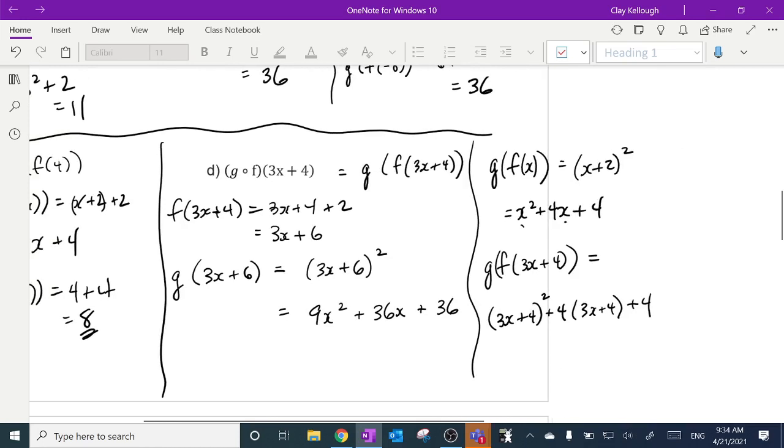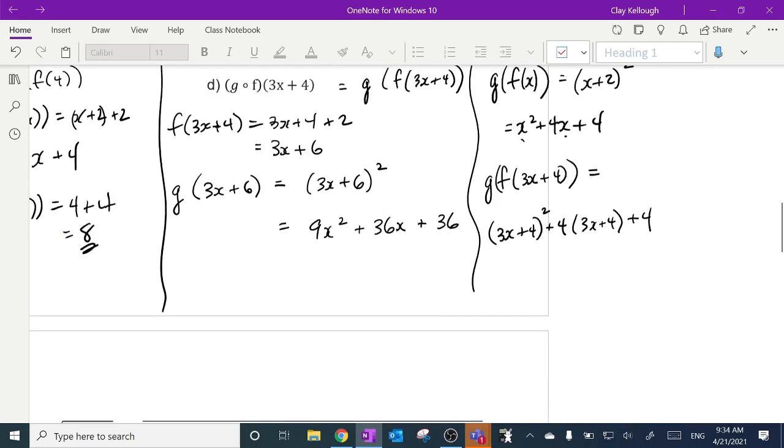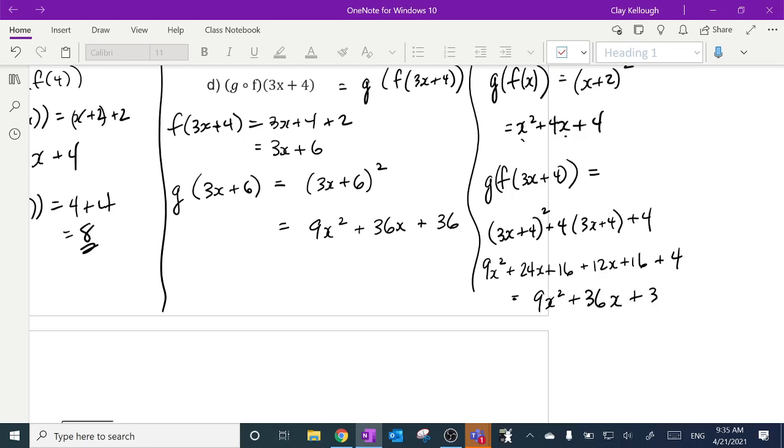Expanding and collecting like terms, that's going to be 9x squared plus 24x plus 16 plus 12x plus 16 plus 4. When I simplify that, I get 9x squared, 24 and 12 is 36x, 16 and 16 is 32, plus 4 is 36.